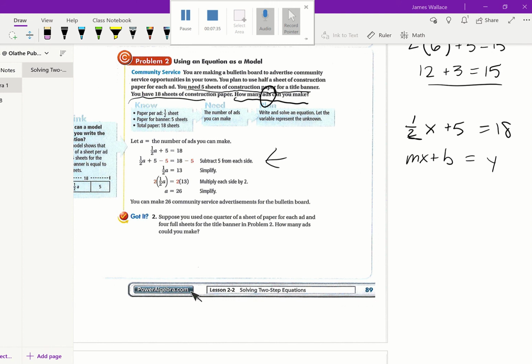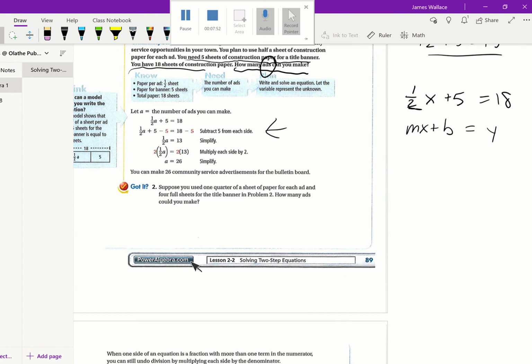We will work with that later on, and you'll see it more and more. So if you don't remember it or write it down right now, it's not a big deal. Just know you're going to see that a lot in the future. So we have our equation here, 1/2 x plus 5 equals 18.